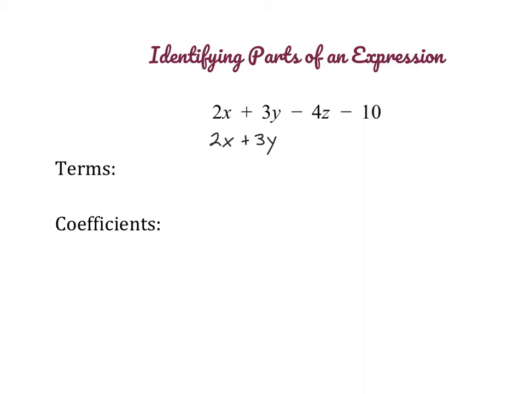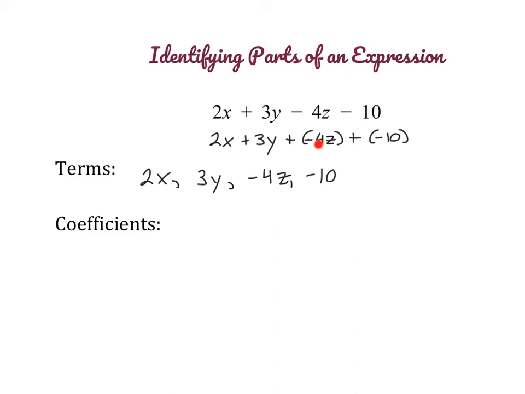But we can actually rewrite it like this: plus negative 4z, and then we can even say plus negative 10. So our terms are going to be 2x, that's one term, 3y, negative 4z, and negative 10.